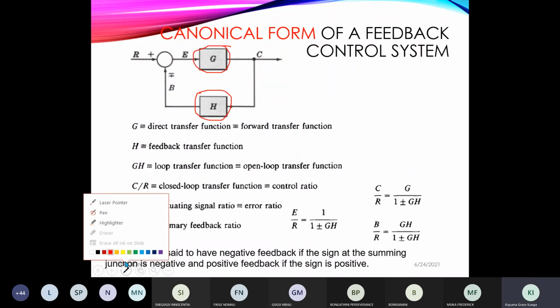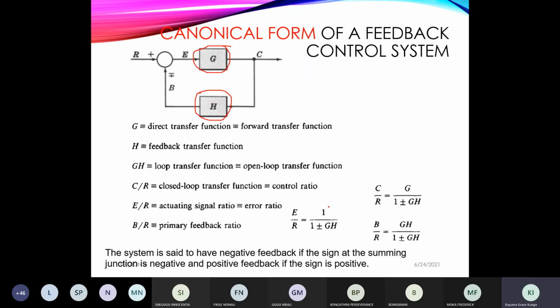Okay, here we are. As I was saying, in a general way we have this simple definition, and when it's G of S, it's called the loop transfer function or open loop transfer function. C over R is a closed loop transfer function. That means the output over the input is a closed loop transfer function, which can be written like this. And there's an actuating signal ratio, which is E over R. It's this one.